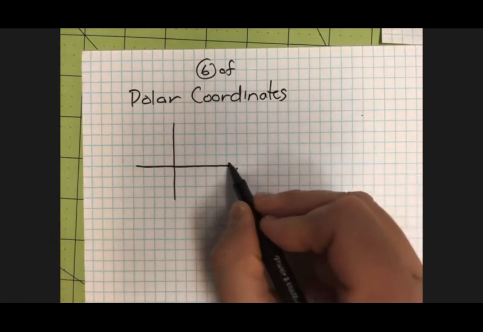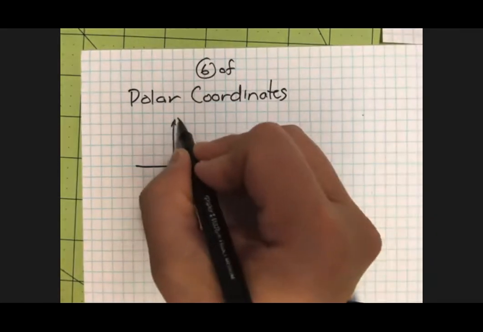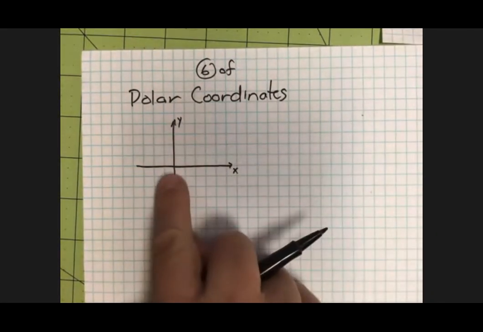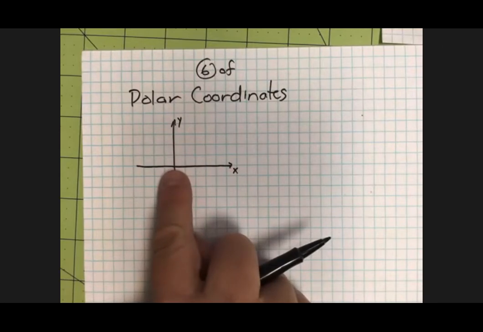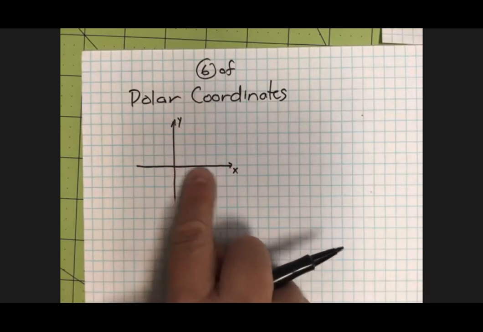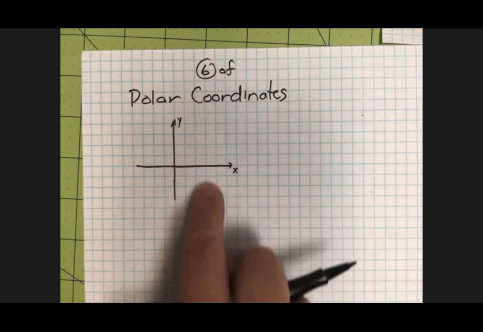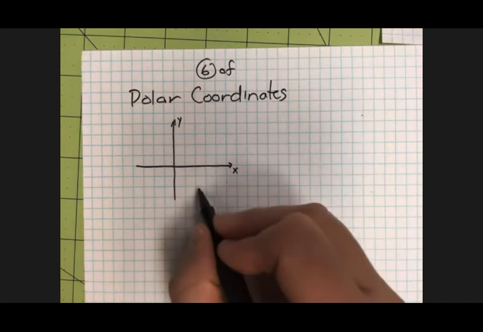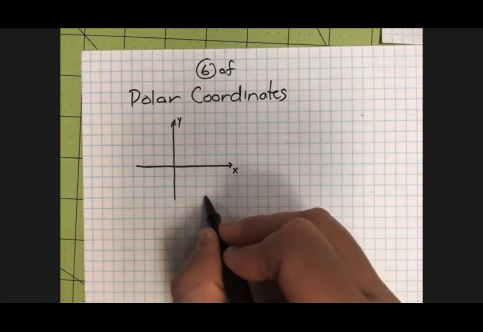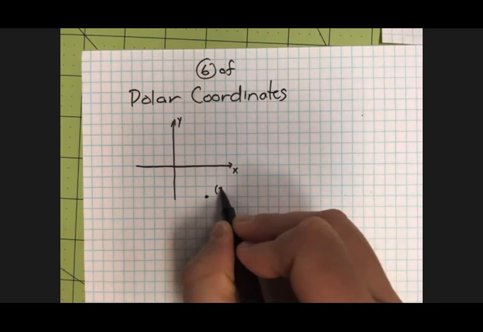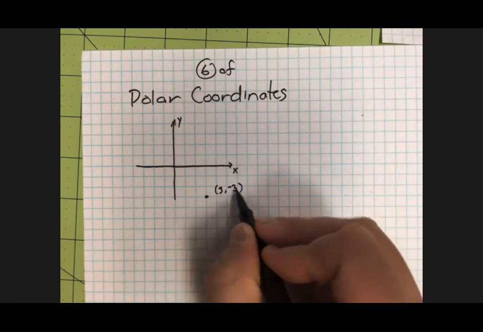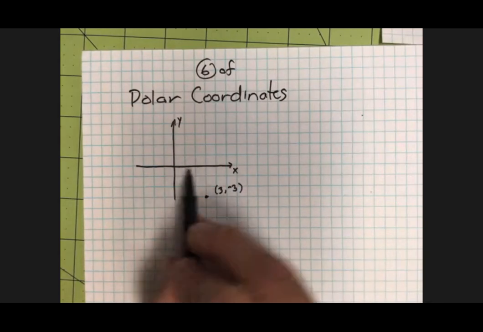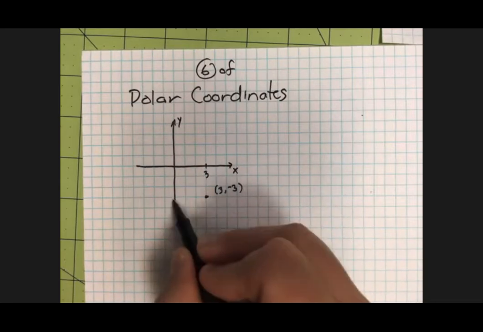In the XY plane, you're used to describing locations by saying, go this far left or right, and then go this far up or down. So if I want to describe to you the point 3 and minus 3, you understand the 3 stands for taking 3 steps on the x-axis.